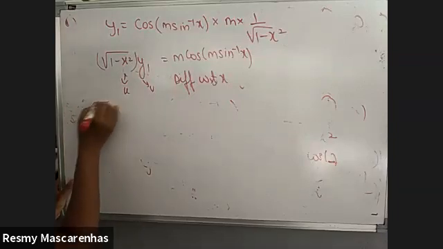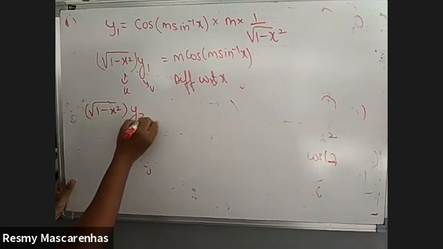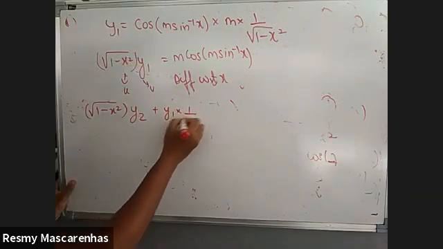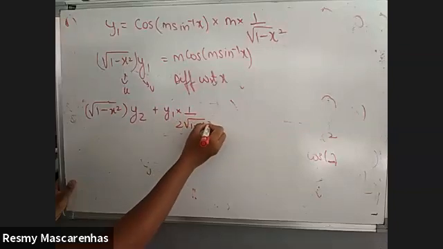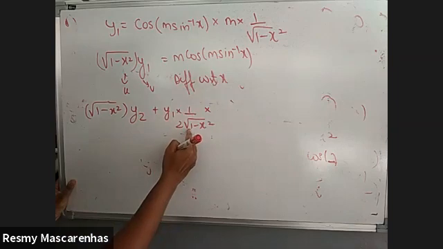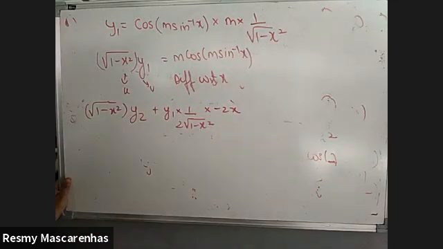Now u into derivative of v, so y1 will become y2. Then v into derivative of u: 1 minus x square, 1 upon 2 root x into extra derivative. So anyway, this will be 0. Straight away I'll write minus 2x.